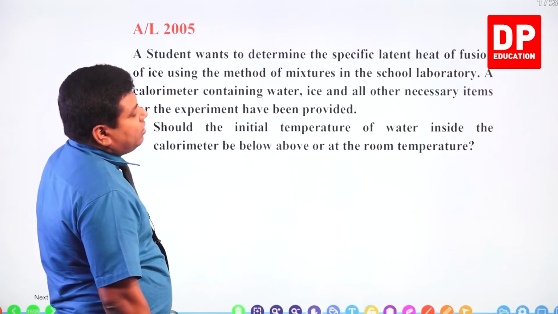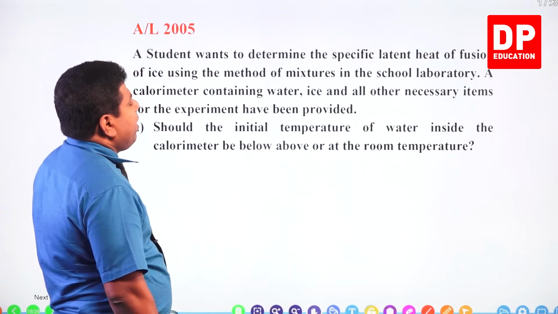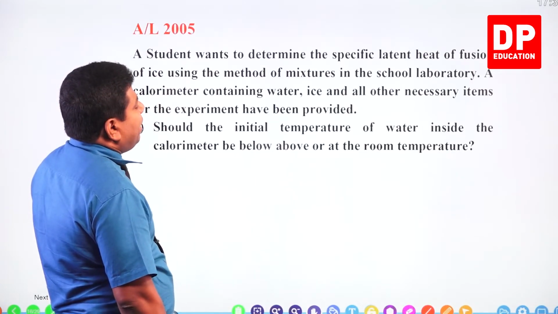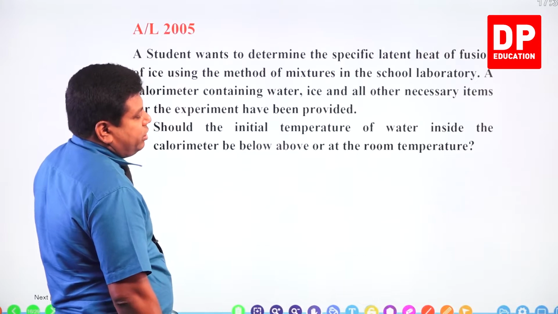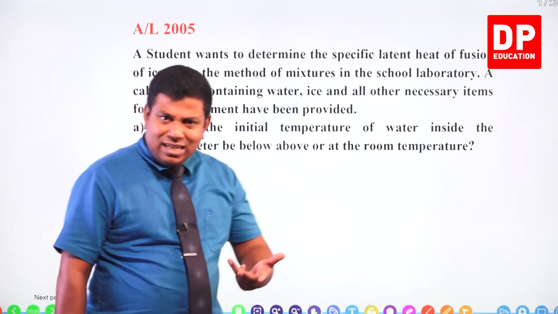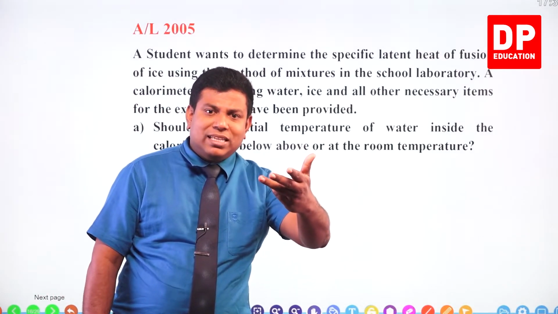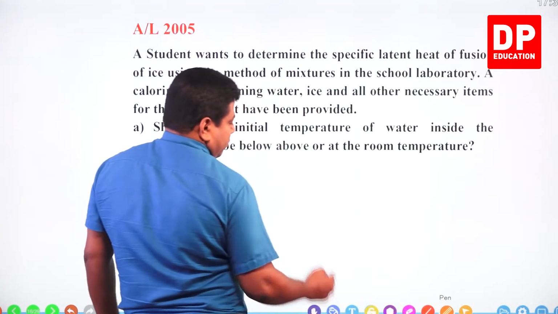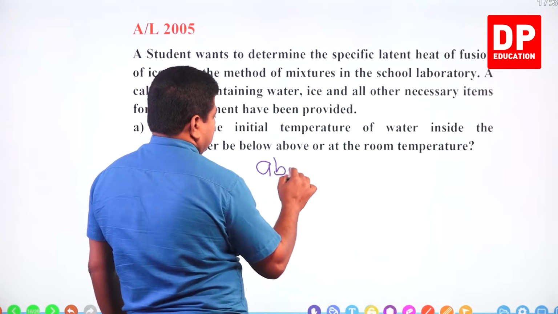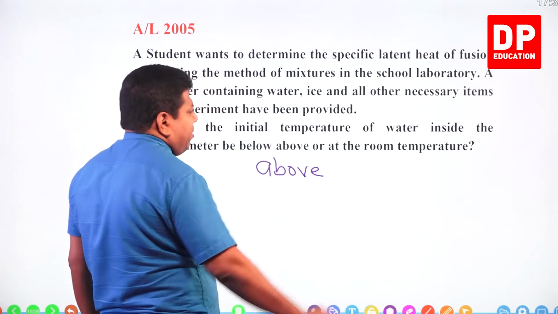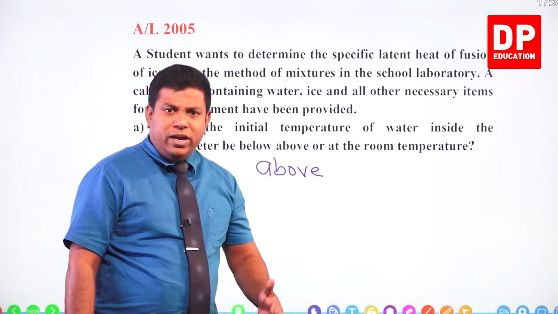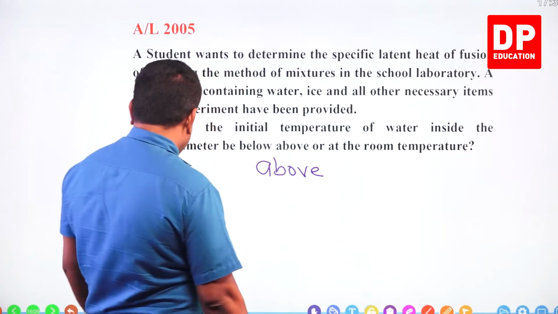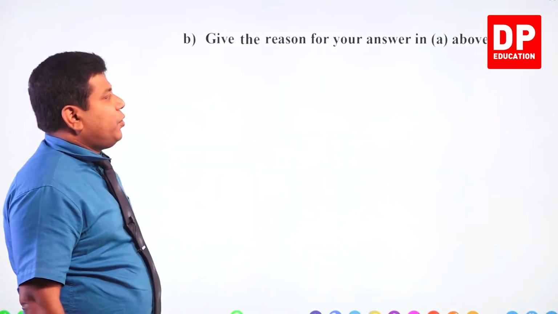Should the initial temperature of water inside the calorimeter be below, above or at the room temperature? We take the initial temperature above the room temperature, right? 5 degrees above. Simple, don't talk too much. Simply say above. That's all they ask. Is it lower, higher or same? Higher. Done.